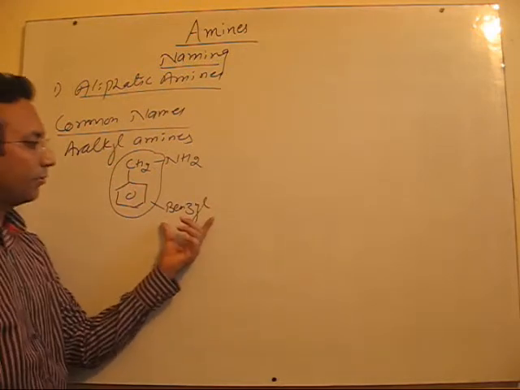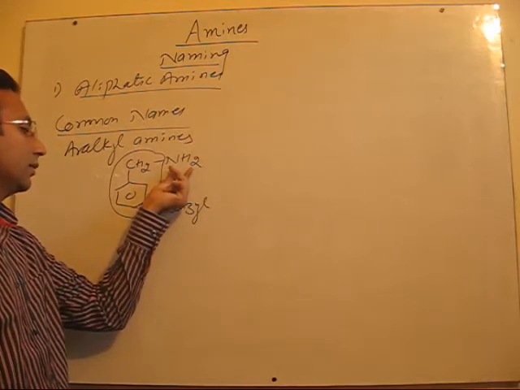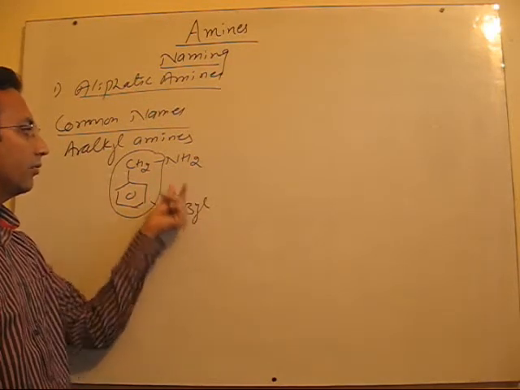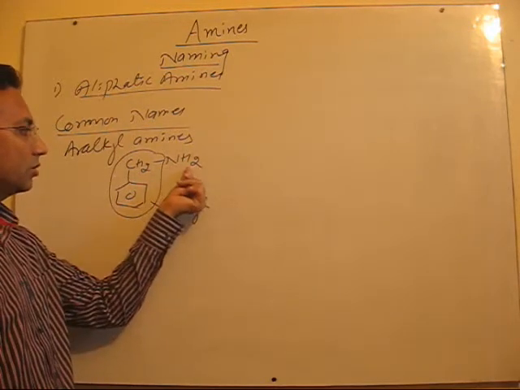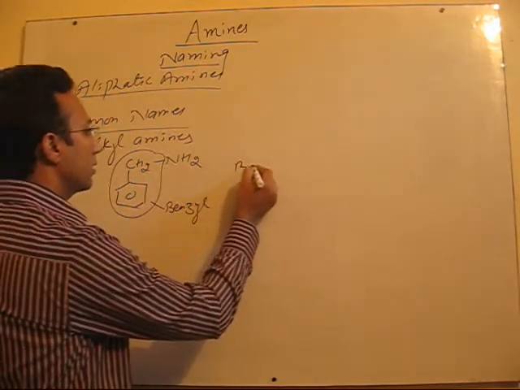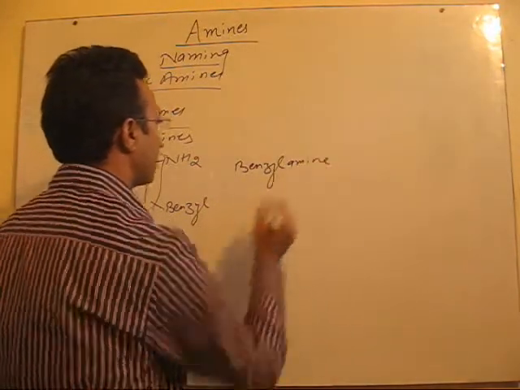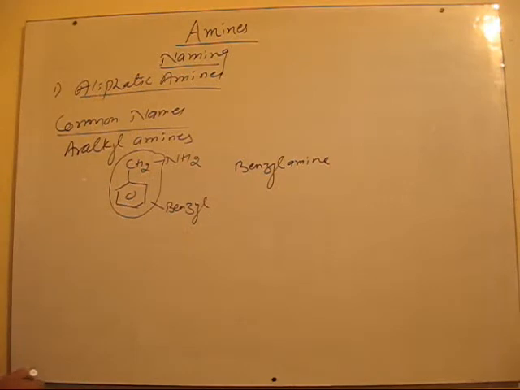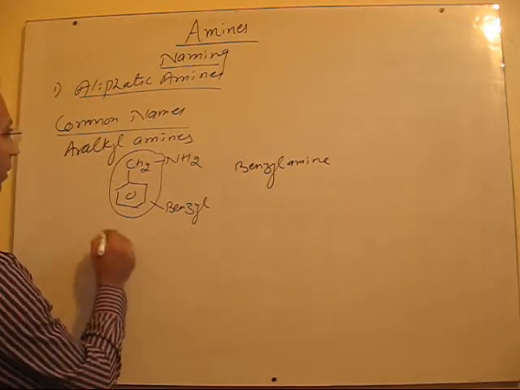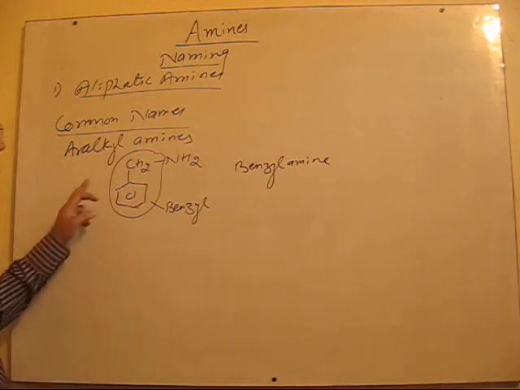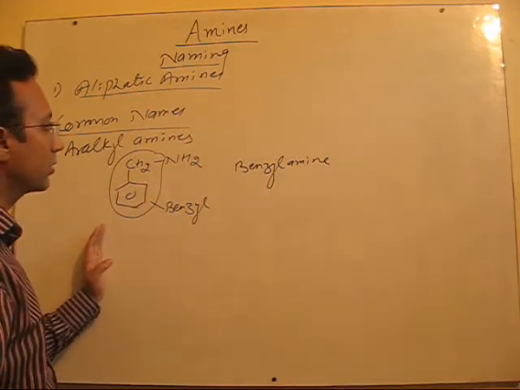So in case of haloalkanes also, if you have Cl here, it is benzyl chloride. If you have OH here, it is benzyl alcohol. If you have NH2 here, the name is benzylamine. Fine. Then this is about aryl amine, this is the most important case which will be there throughout the chapter. You will see its properties.